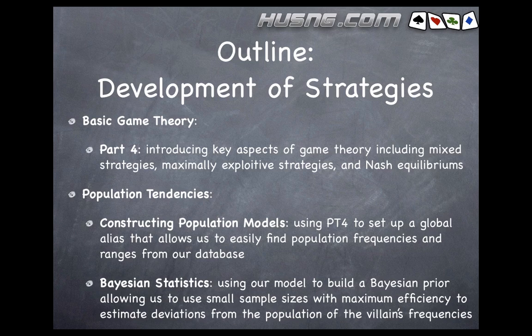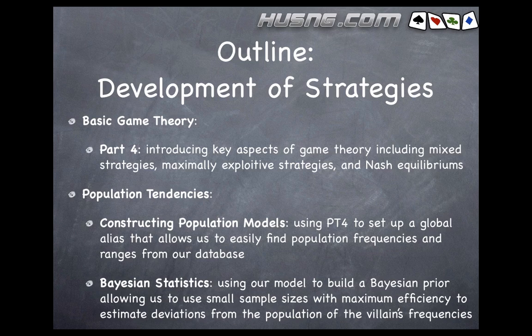Let me say that another way. Once we have an average for our population, we can start checking how villain's specific frequencies that we see in game move him away from those population frequencies. So if villain is opening a lot of buttons, what opening range should we set him on? Because it's clear he's opening more buttons than the average player.